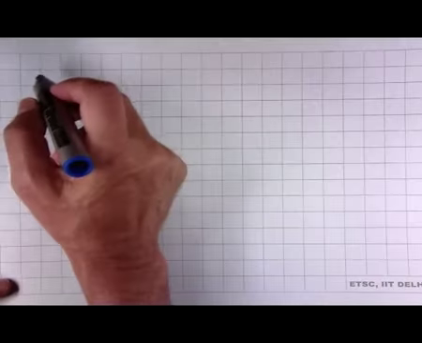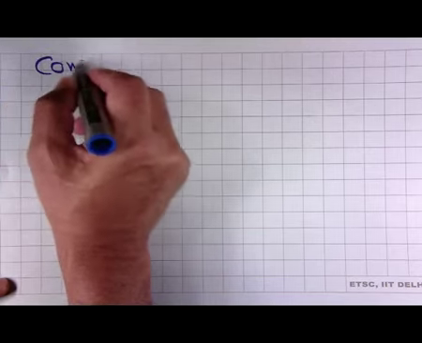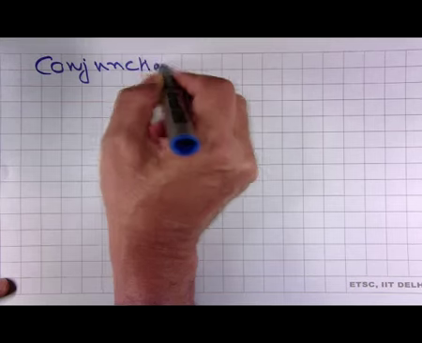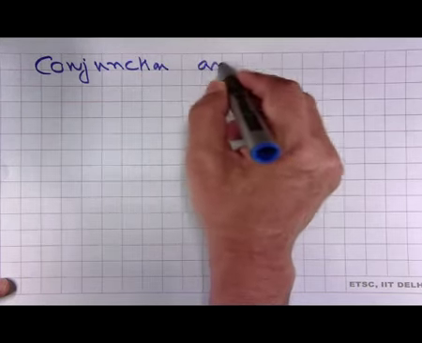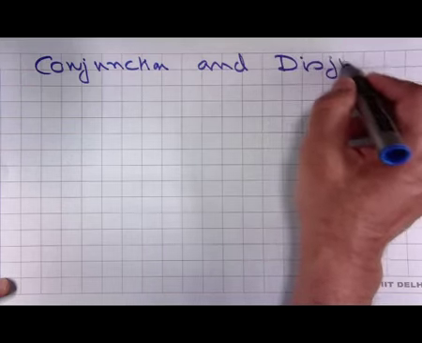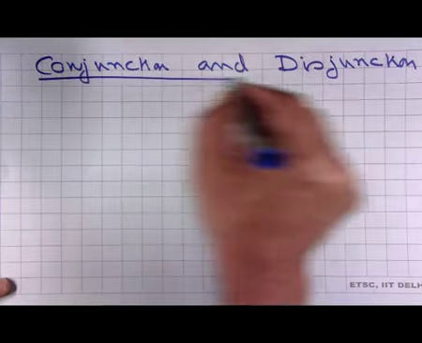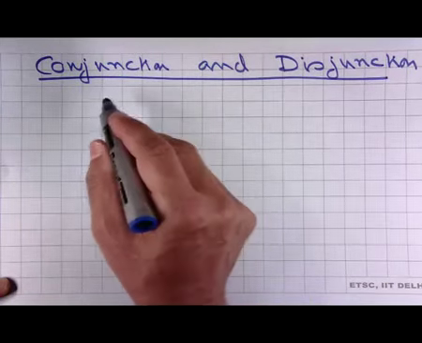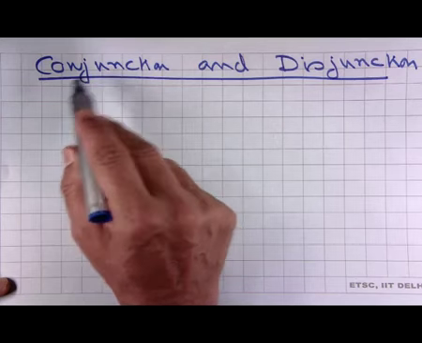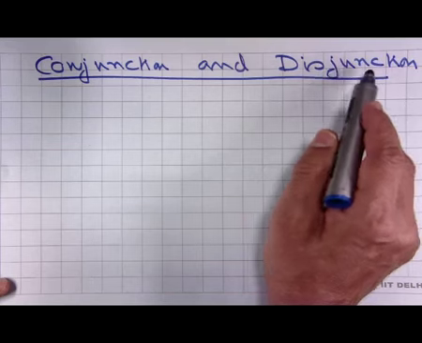After that, we were talking about conjunction and disjunction. We have discussed the truth values of conjunction of two statements and disjunction of two statements.